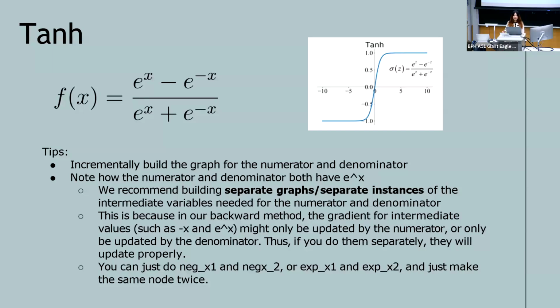We will have one negative x1 in the denominator and one negative x2 in the numerator. In this way, each part of the graph has its own copy, and the gradient can flow correctly through both branches. The main takeaway is that when implementing the tanh function, don't try to be clever by reusing the same e to the power of x node. Instead, build it twice, once for each side, and then autograd can handle the gradients properly.